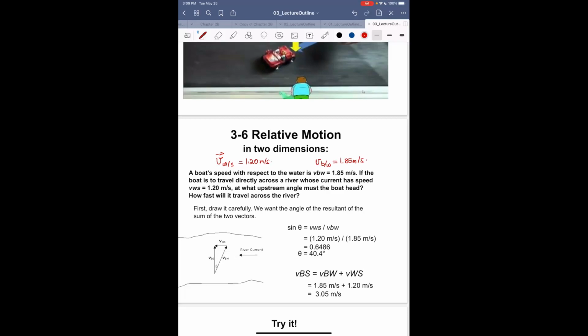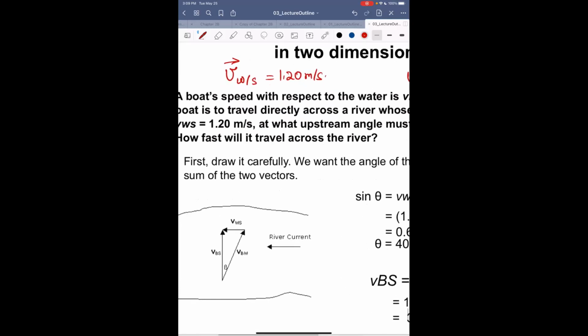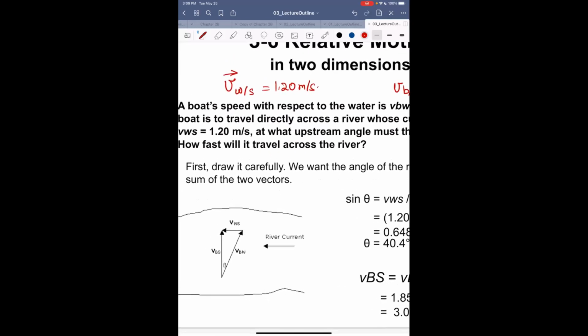Now, the first thing is we need to draw this. This is the boat with respect to the water, and this is the water with respect to the stream. And I need to find the boat with respect to the stream.